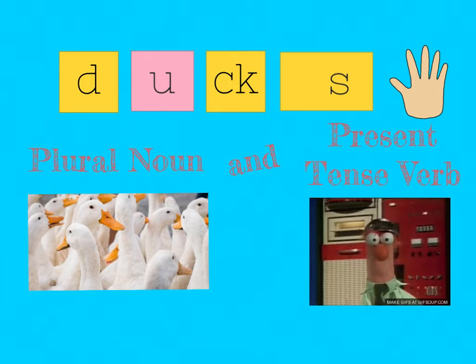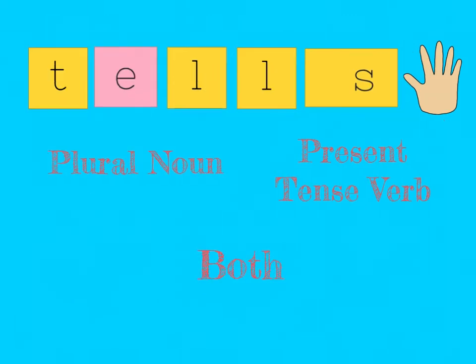It just depends how it is being used in a story or a sentence. We're going to read some more words with suffix S, and I want you to decide if you think it's a plural noun, present tense verb, or could it be both?